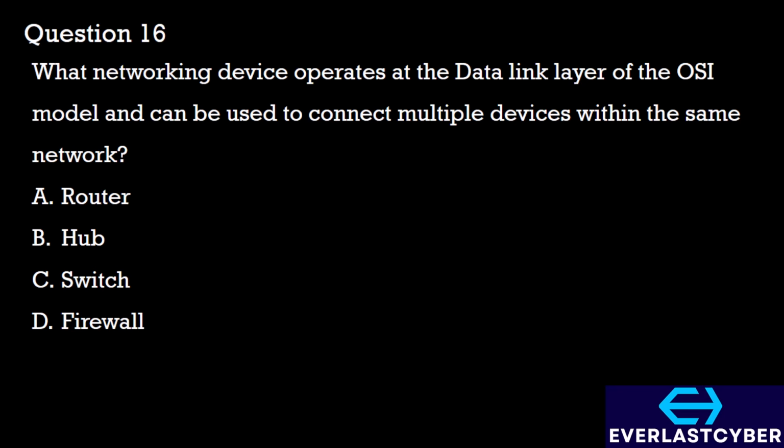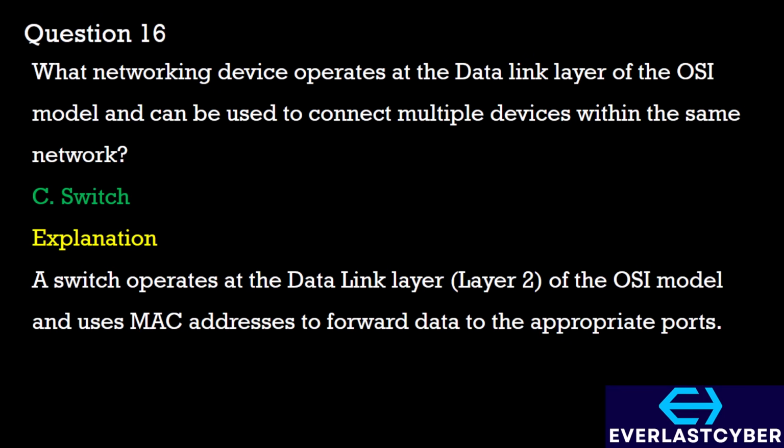A hub operates at the physical layer or layer 1. A switch, on the other hand, operates at the data link layer or layer 2, while a firewall only provides network security by controlling incoming and outgoing traffic. So for this, we'll be going with option C, a switch.